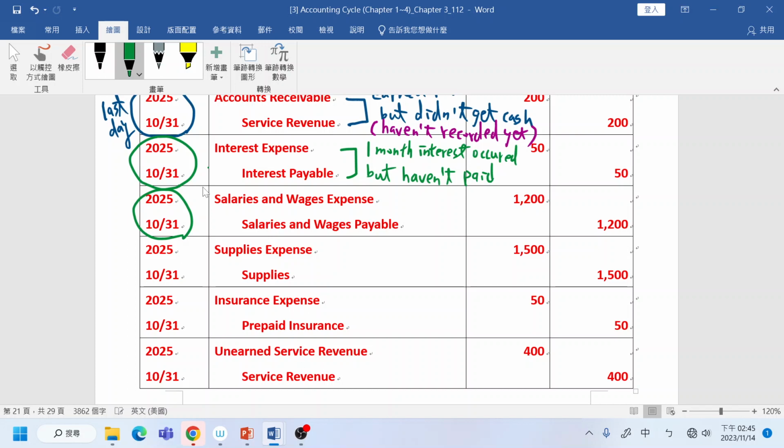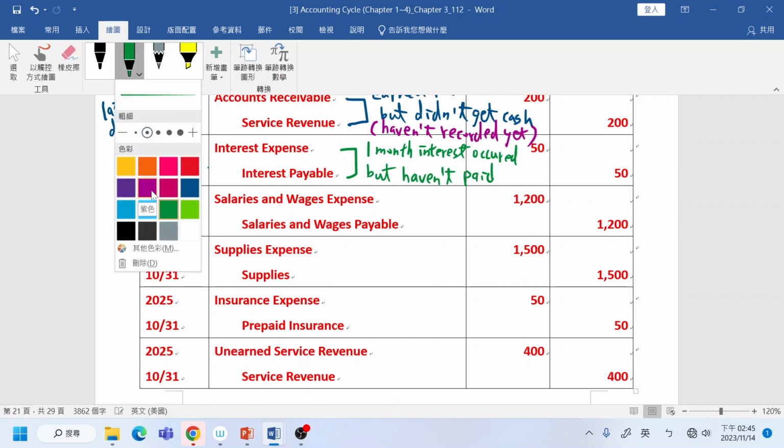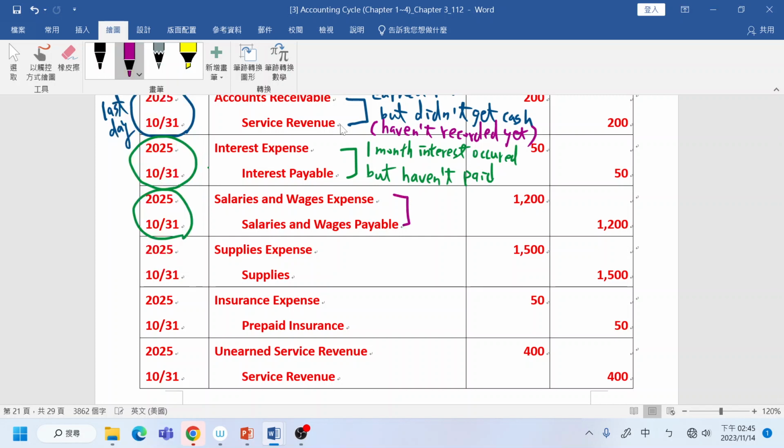Then transaction 3, what happened? Employees work for you, but you didn't pay the money yet. So employees work 3 days, but you haven't paid.